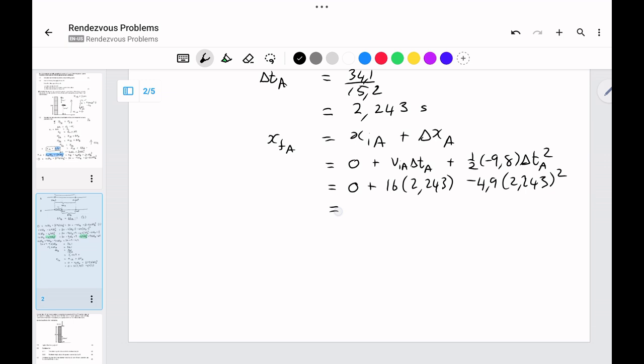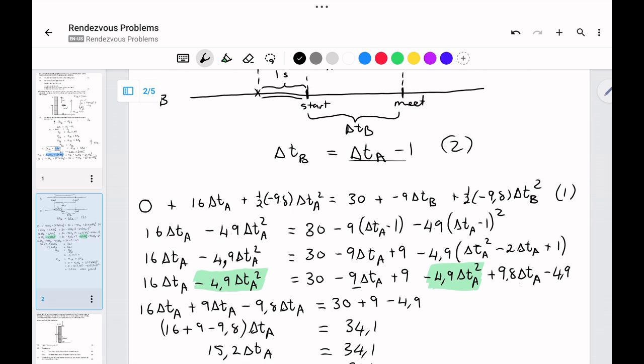And let's do the math. 16 times 2.243 minus 4.9 times 2.243 squared. That gives me 11.24 meters above ground. Okay, done.